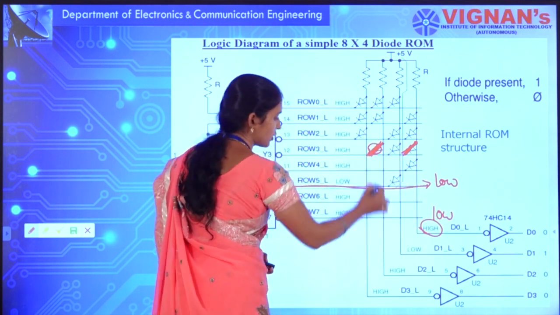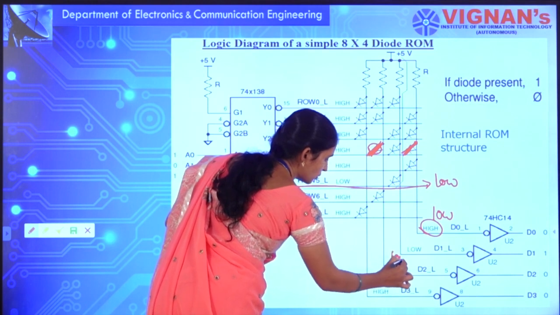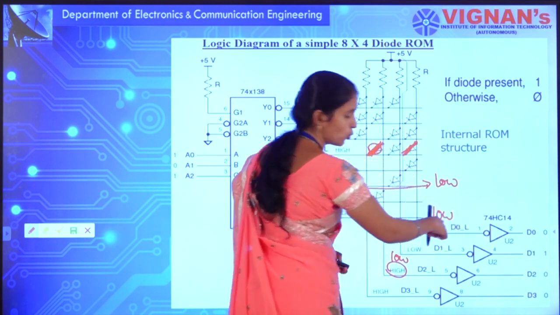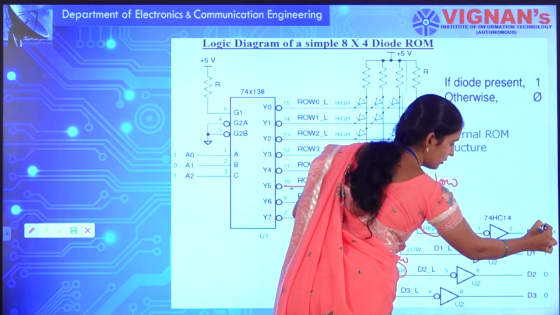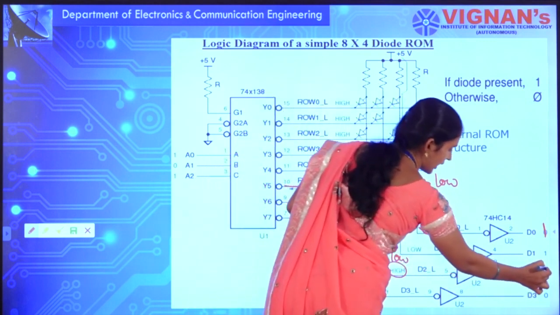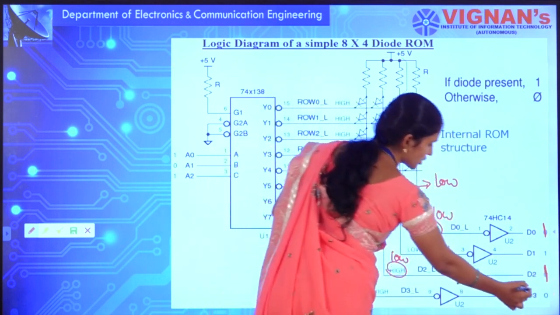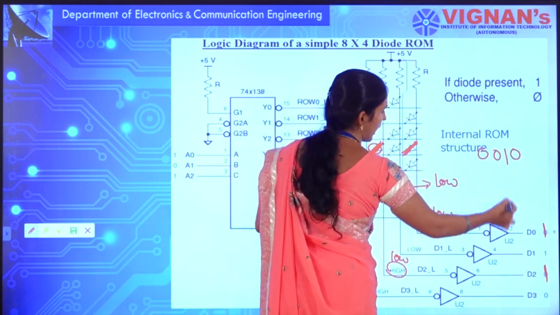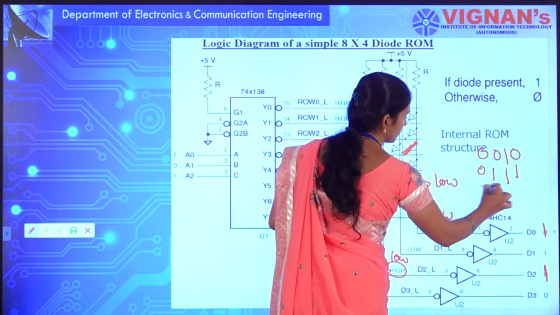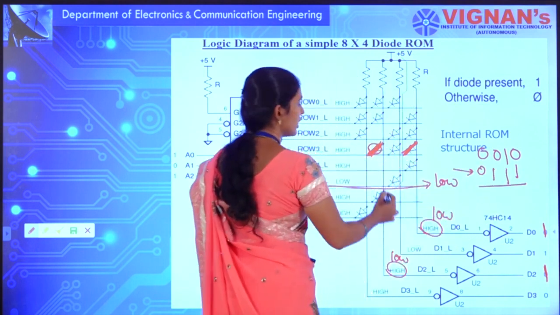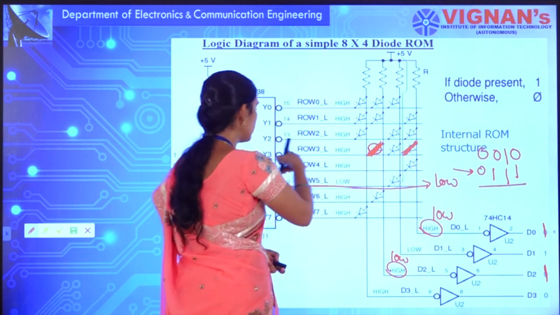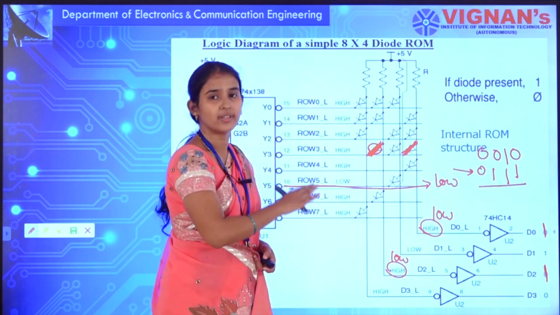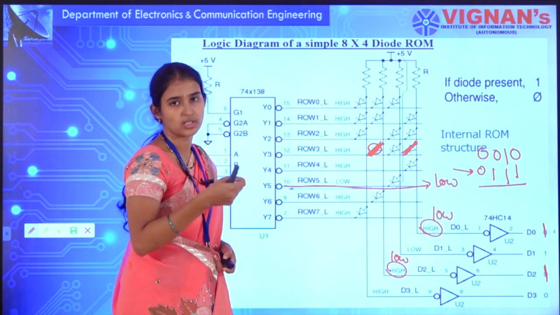That means if you give low input to the buffer, I will get 1, and high input gives 0. So instead of 0100, I am getting 1110. Even though you short circuit in the 3rd row, your output differs. That is the reason why you should always connect diodes. You should not short circuit.